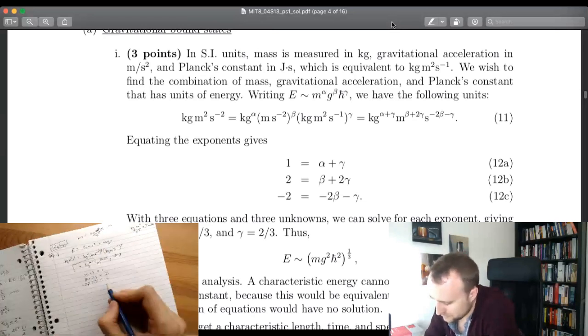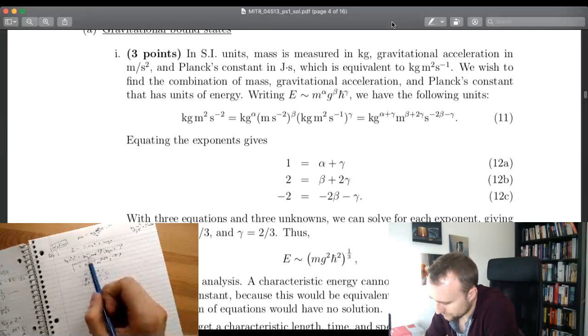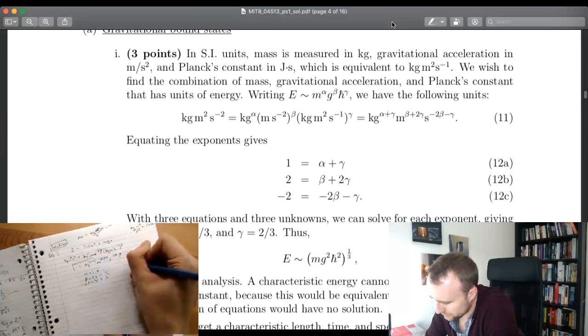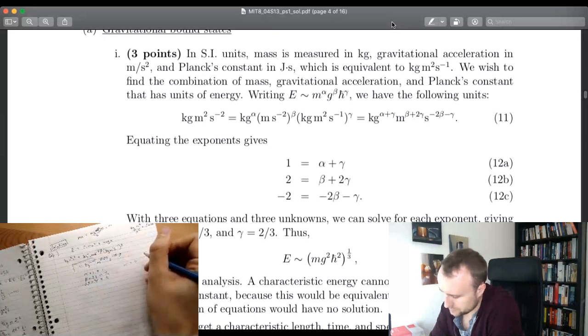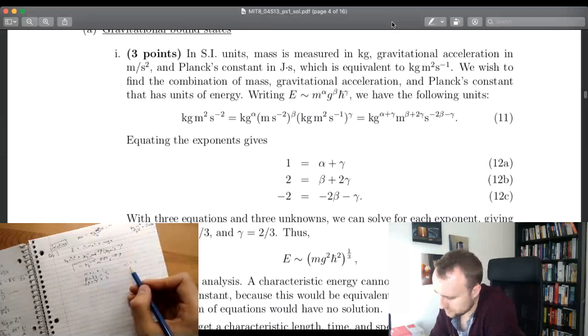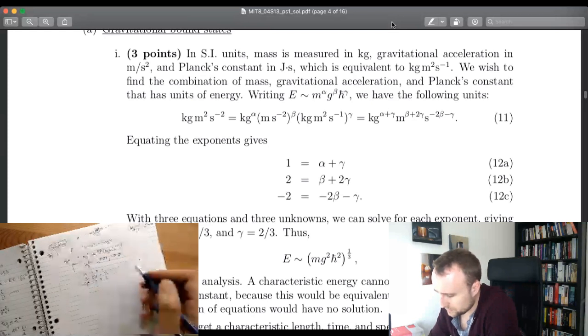Okay. Am I right for this? This one. So alpha is equal to 0. No, that doesn't make sense. It can't be 0. Got a kilogram in the term, got to be 1.